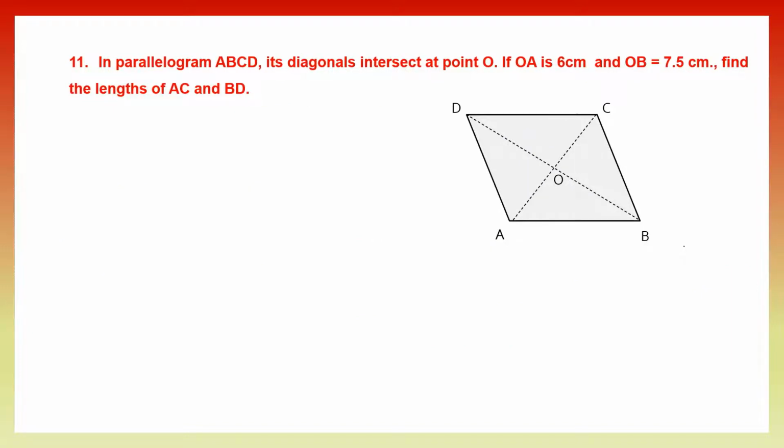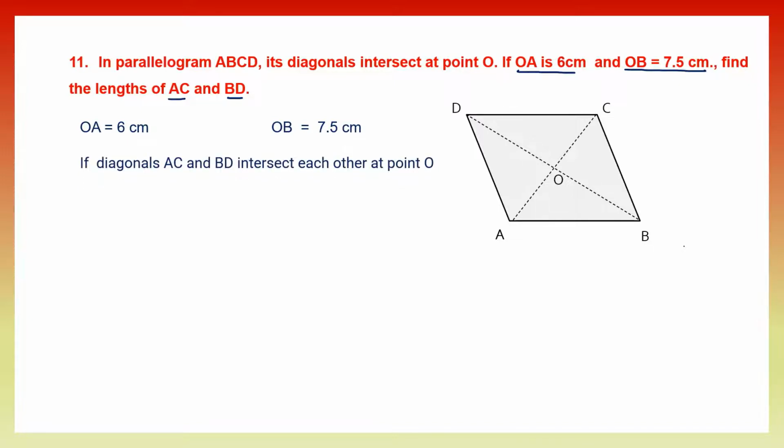Question 11. In parallelogram ABCD, its diagonals intersect at point O. If OA is 6 centimeters and OB is 7.5 centimeters, we have to find the lengths of AC and BD, which are the full diagonals. Okay, so we've been given OA is 6 centimeters and OB is 7.5 centimeters.